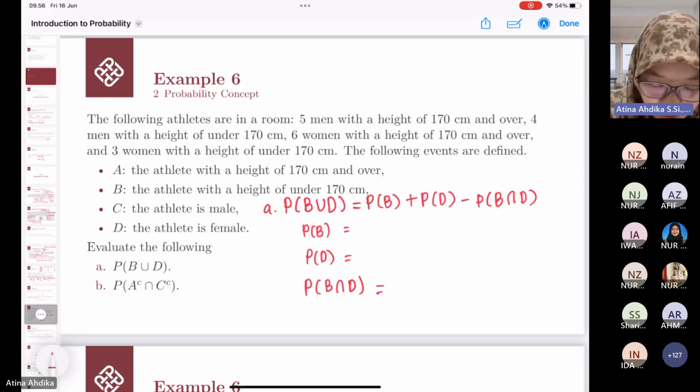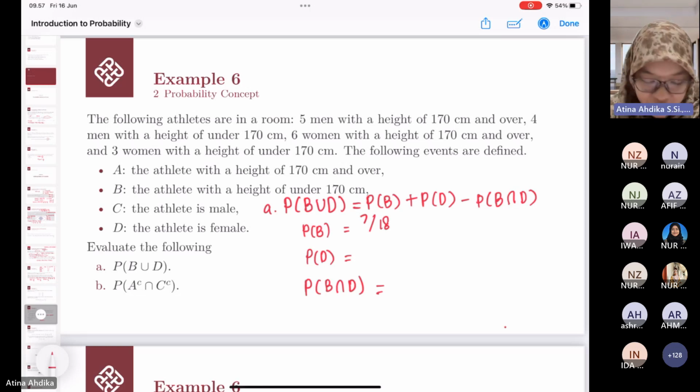We have 4 men with a height of under 170 centimeters and 3 women with a height of under 170 centimeters, so we have 7 over all of these athletes. We have 5 and 4, 6 and 3, so we have 18. Yes, right, the answer is 7/18.